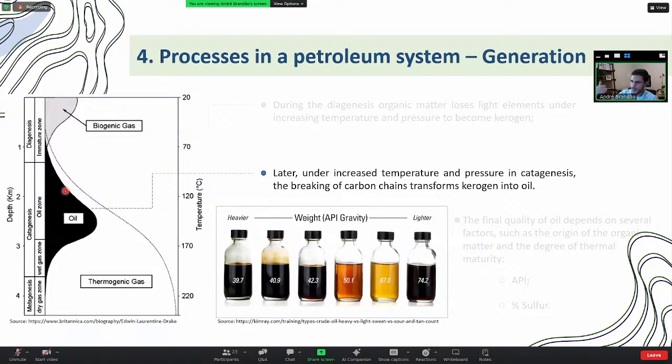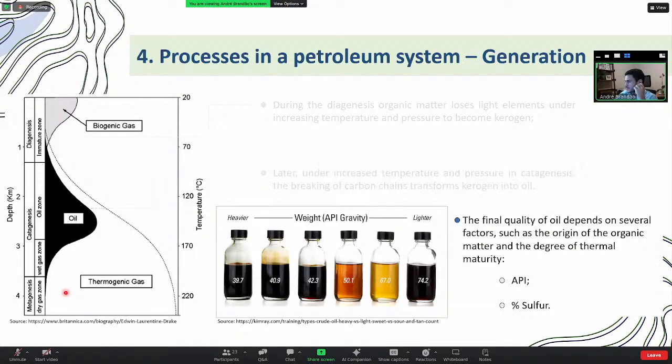If this process keeps going, we may start to generate gas, until we reach the metagenesis, when the gas loses the heavier elements and basically generates methane. We don't want to go much further than that, because that's when we start with metamorphism and we burn all the organic matter.